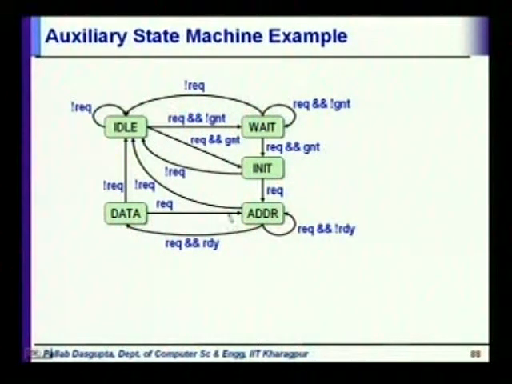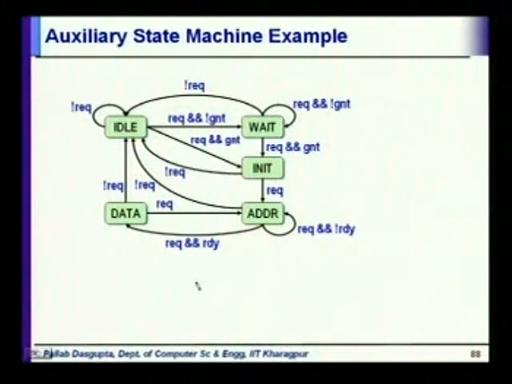It can go around in this loop several times, and whenever in any of these states request is lowered, it immediately goes back to the idle state. Right. At any point of time, the master can lower the request and go back to the idle state. Right. So this is the abstract state machine of the protocol.